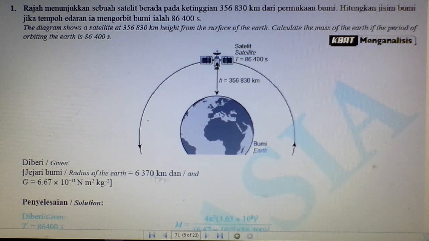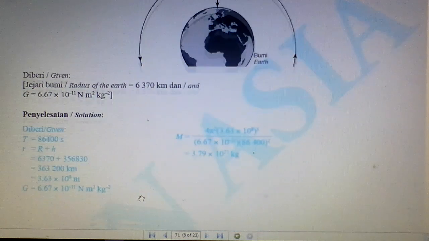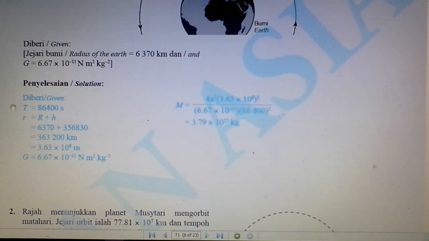Given the radius of the Earth and G, the gravitational constant. Okay, you solve it. You substitute into the formula, so you get 3.79 times 10 to the power 27 kilogram.